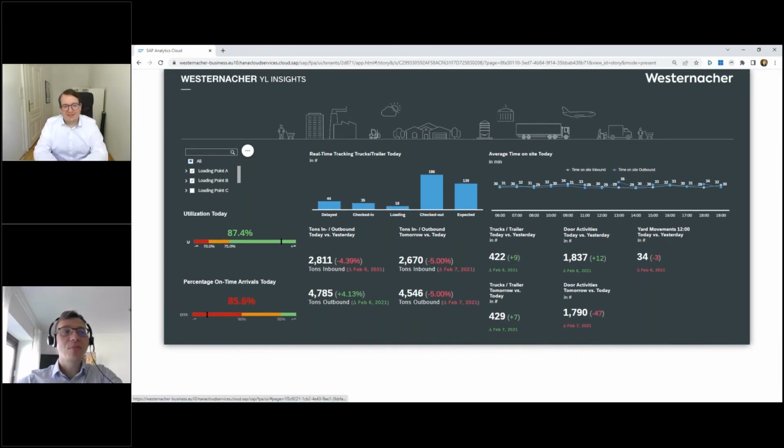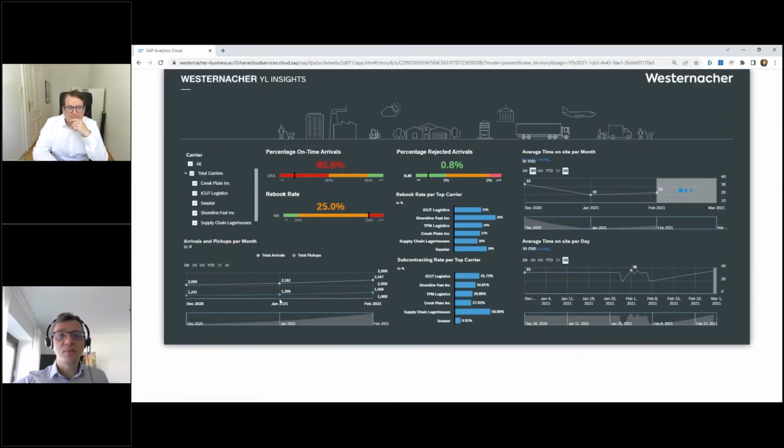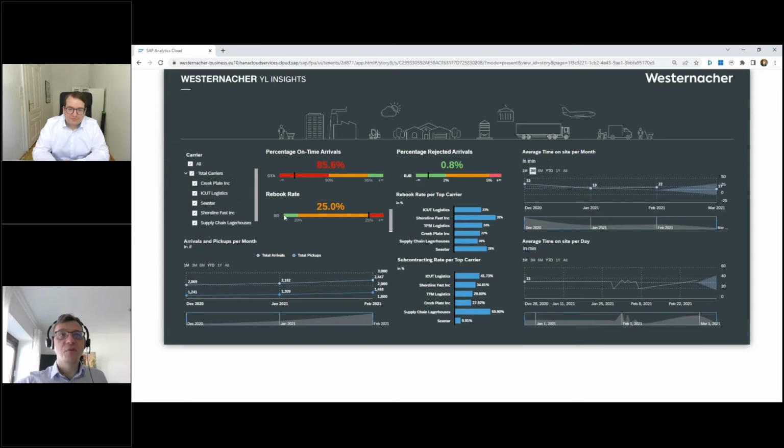No worries. Thanks. And if you want to have more information on your on-time arrivals, because Matthias said, let's see what actions we can derive out of this. Of course, there's far more information to this. First of all, you have a list of your carriers, and you can filter all the KPIs on this screen per carrier and see how the individual carrier is performing.